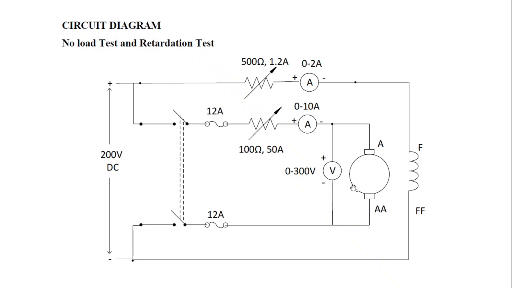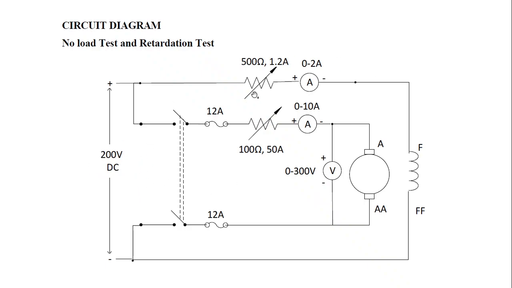Okay, but in our machines lab it is readily available 200 volt DC supply. So we will make the connections as per this circuit diagram using this 200 volt DC supply.